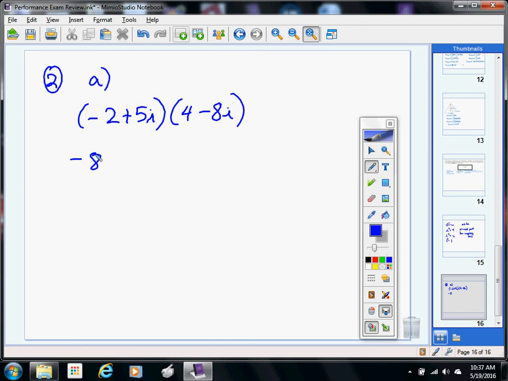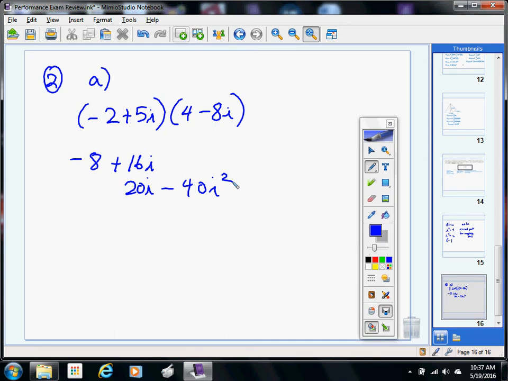What I want you to do is show me that -2 times 4 is -8, that negative times negative is +16i, that 5i times 4 is 20i, that 5i times this is -40i squared. Y'all remember this right before, when we went down to the field house one day over the winter? Yeah, that's what that was about, us doing this.